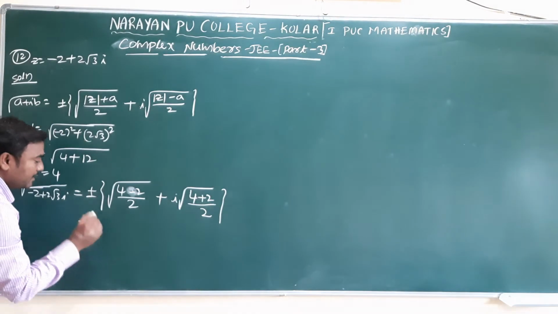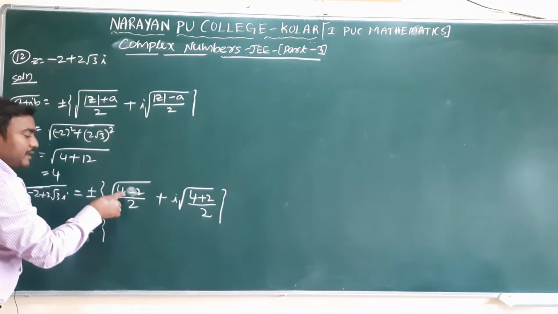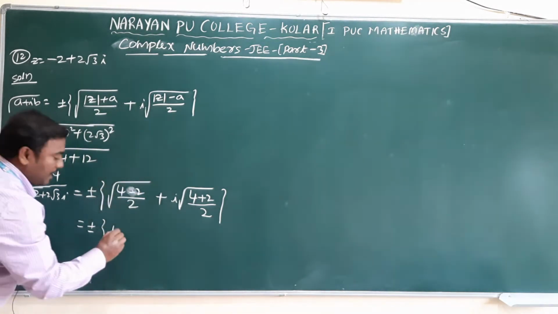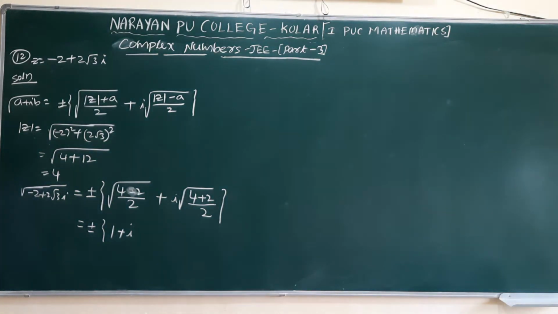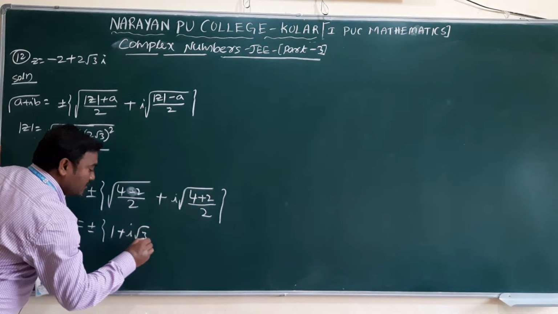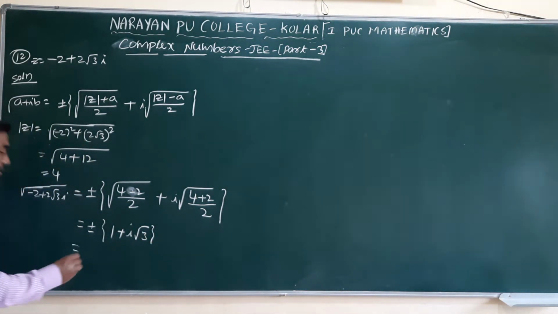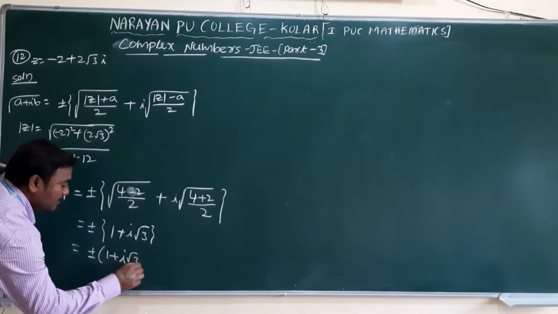Here plus or minus square root of 4 minus 2 is 2 divided by 2, remains square root of 1, we are getting 1, plus i into square root of 6 by 2, 3, remains root 3. Therefore the square root of minus 2 plus 2 root 3 i is plus or minus 1 plus i root 3.